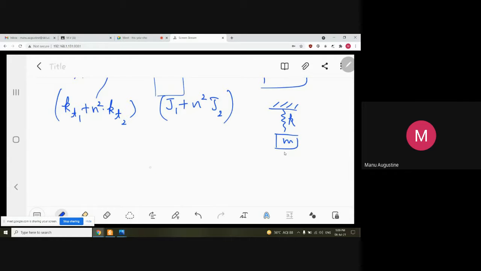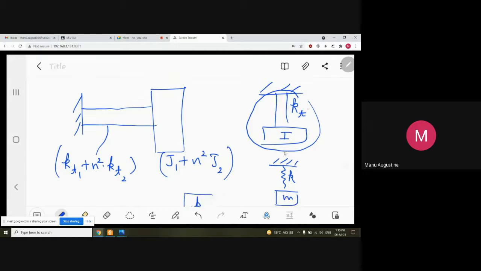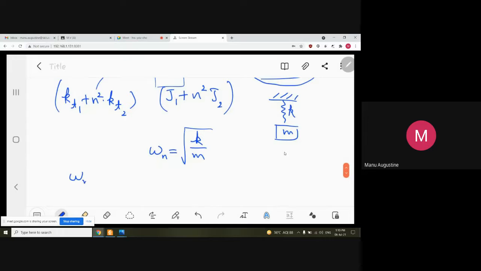I am 100% sure that all of you would say the natural frequency is under root of K by M. Now, what if instead of a linear spring and mass, we have a shaft and a rotor like this, in which the torsional stiffness is kt and inertia is I? Then the natural frequency would be under root of kt upon I.